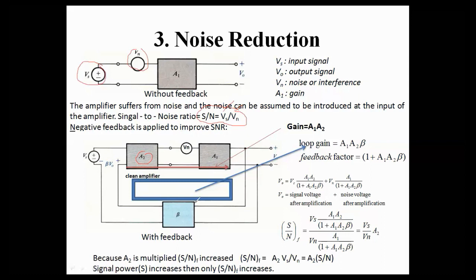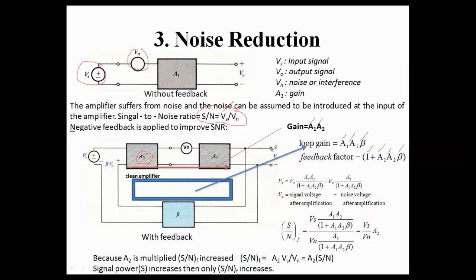Then negative feedback is provided. The forward path gain equals A1 into A2. The loop gain equals A1 into A2 into beta. The feedback factor equals 1 plus the loop gain, 1 plus A1 A2 beta.